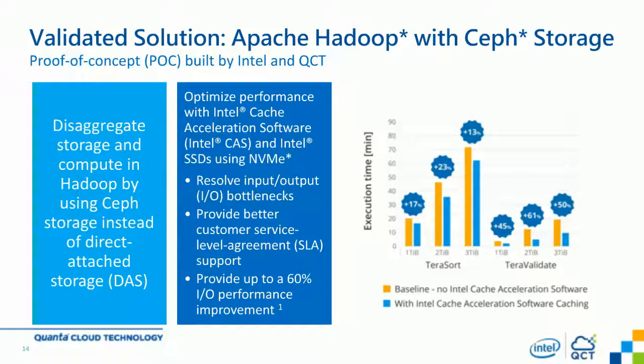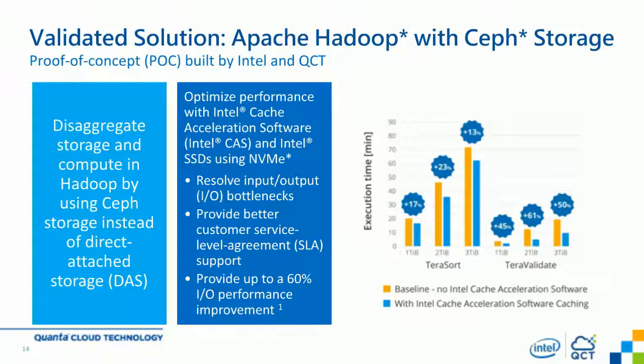Now, as you can see from the right side, you have the chart which shows the execution time of the benchmark. We ran TeraSort and TeraValidate. These are very popular Hadoop benchmarks. The y-axis shows the execution time, so the shorter the bar, the better it is.